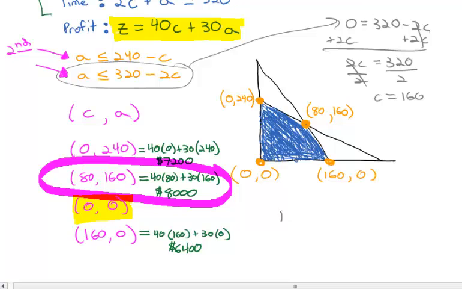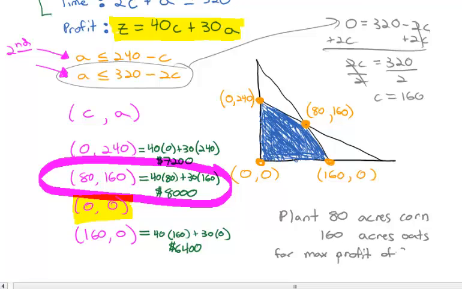So our advice is to plant 80 acres of corn and 160 acres of oats for a maximum profit of $8,000.